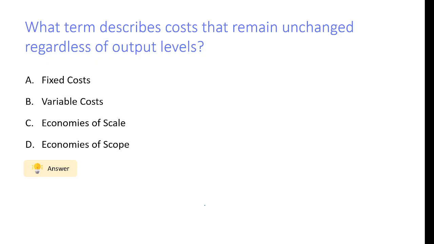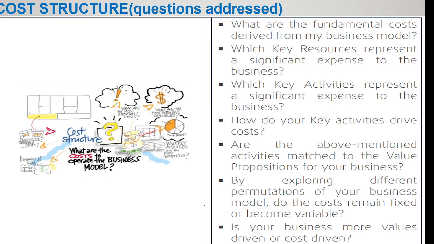So I have questions here for us to wind up. What term describes costs that remain unchanged regardless of output levels? This is, of course, the fixed cost. The correct option is A, fixed cost. For the cost structure, these are the questions you ask yourself.